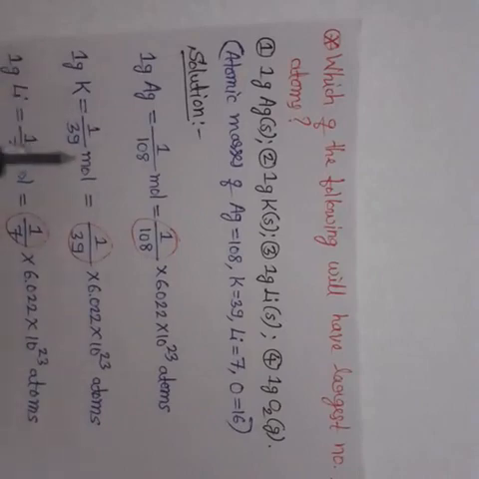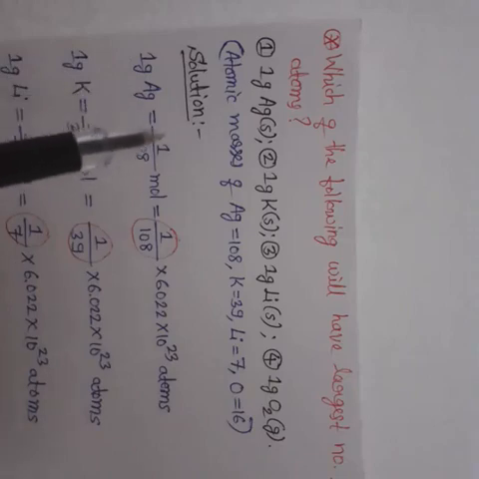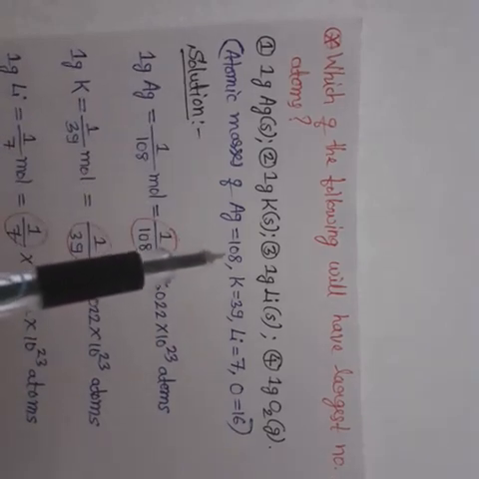1 gram of silver is equal to 1 divided by 108 mole. If you want to convert 1 gram of silver into moles, it should be divided by the atomic mass of silver, that is 108.